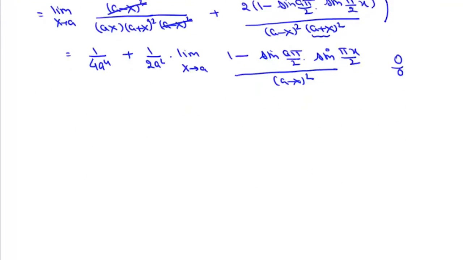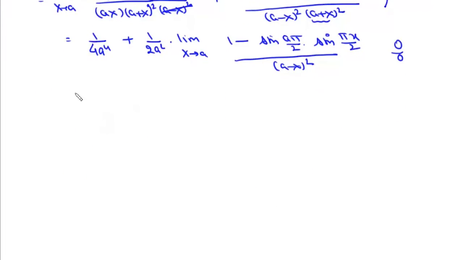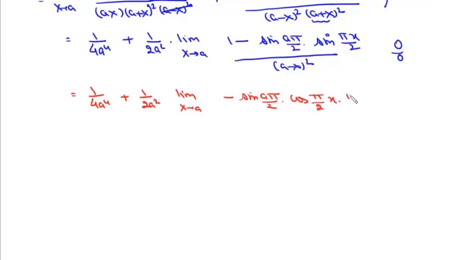Now if we use L'Hopital's rule, we can write 1 upon 4a to the power 4 plus 1 upon 2a square limit x tends to a, and this is minus sine a pi by 2, and this is cos pi by 2x into pi by 2 upon 2 into a minus x into minus 1. Now this minus and minus will cancel.